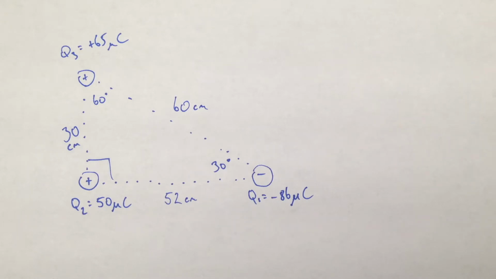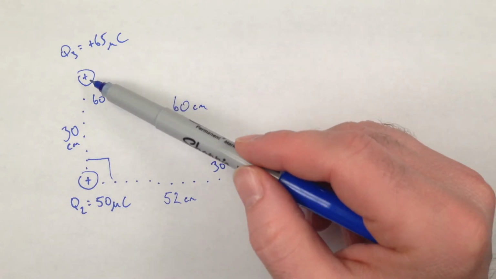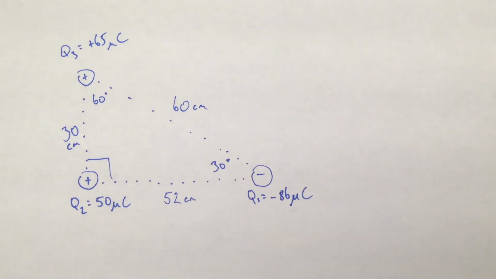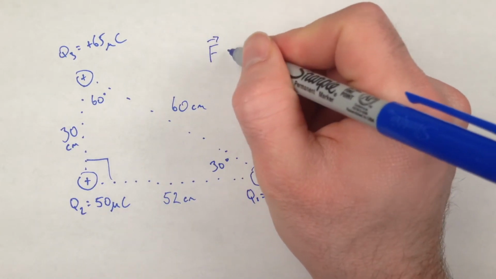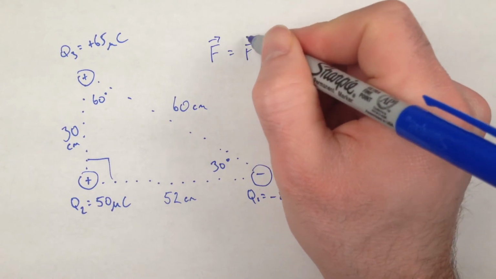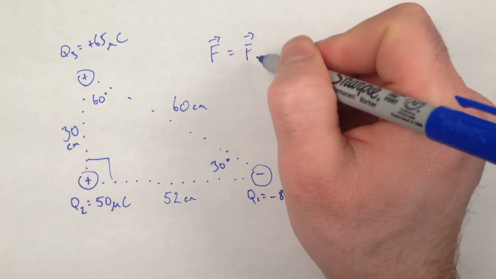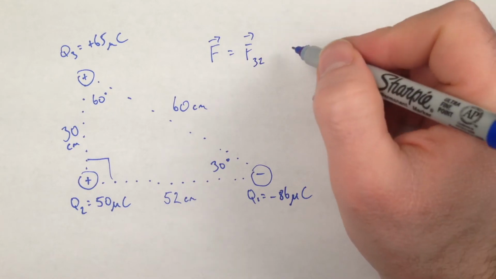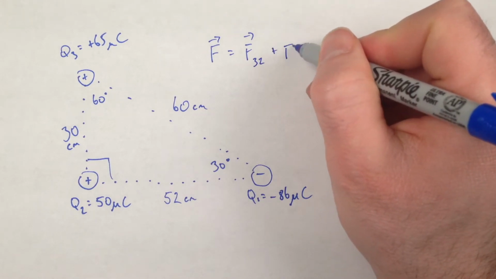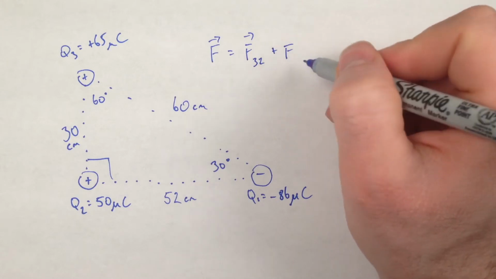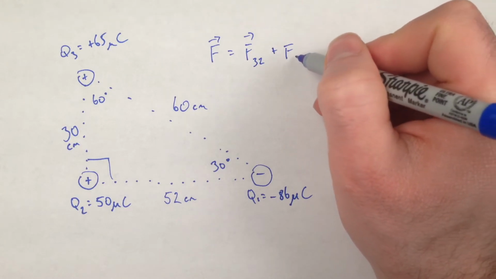And let's calculate the net force on charge 3. So just like before, we need to find the force. It's going to be the sum of the force between charges 3 and 2, and the force between charges 3 and 1.